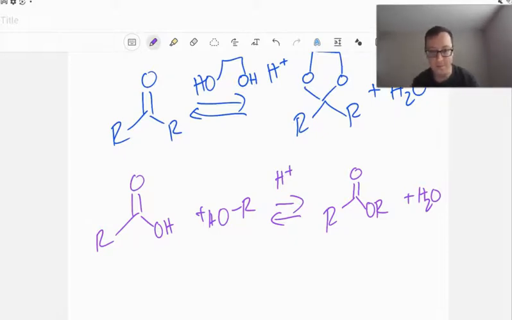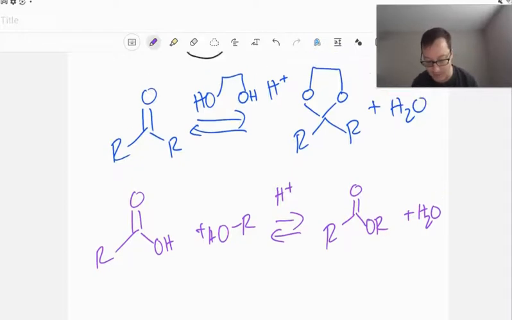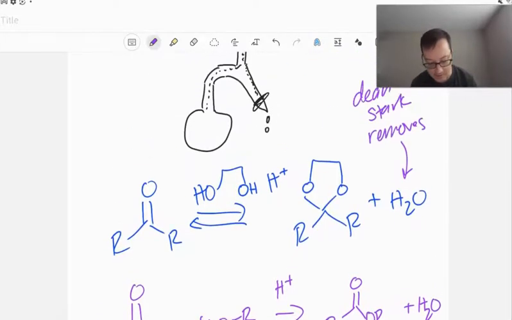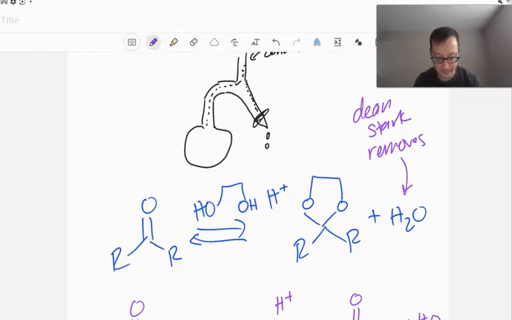So it's somewhat unnecessary. Technically, you can use a Dean Stark whenever you are producing water as a product for an equilibrium reaction, which most organic reactions are, but again, not really necessary.